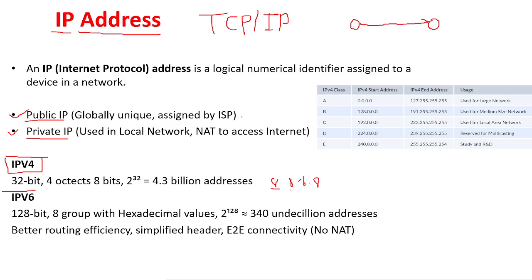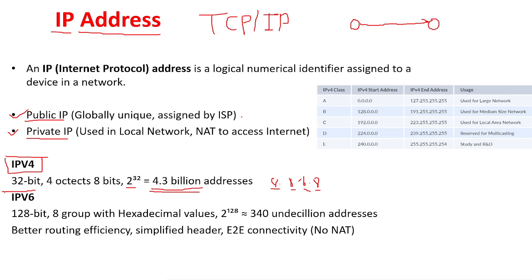So each of the octet contains 8 bits. And if we want to calculate the total size of the addresses, it should be 2 raised to the power 32, the total number of bits, which is equal to 4.3 billion addresses we can uniquely assign to the nodes in internet.